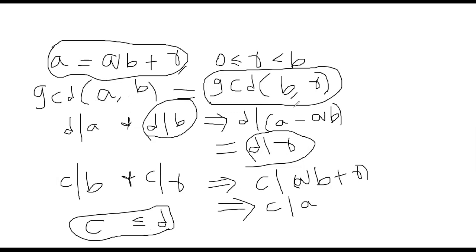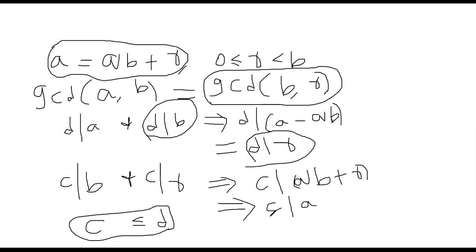And we are asking, can there be a number other than D that divides B and R? If it exists, what can we say about the relationship with number D? We assume there exists a number C which divides B and R. We concluded that the number will divide QB plus R, which means that number will divide A, because A is nothing but QB plus R.